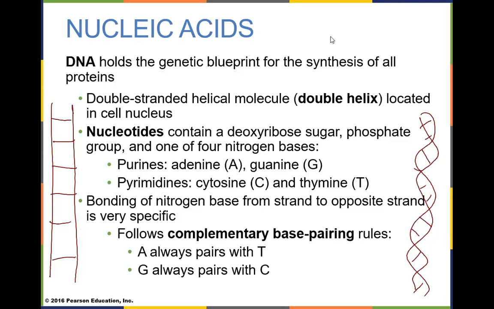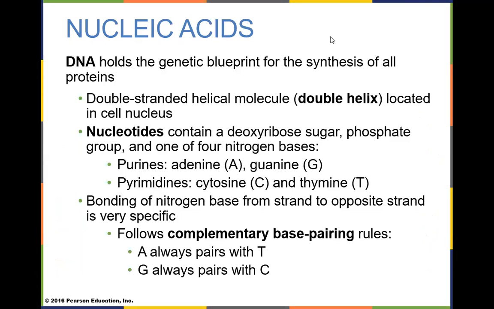our genetic information. Now, the key to the DNA molecule is the presence of the nitrogenous base that we find here. The nitrogenous bases, there are 4 different bases that are created from nitrogen in DNA.